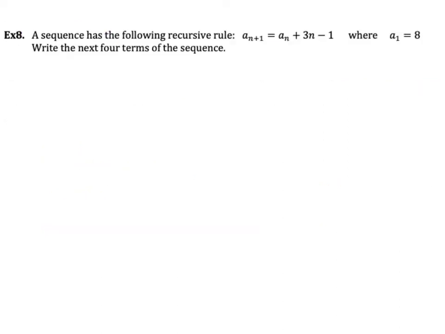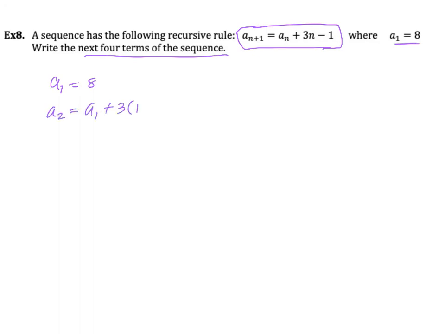Here's another recursive relationship. We have a rule that says a sub n plus 1 equals a sub n plus 3n minus 1, and our starting point is 8. So the first term is equal to 8. Write the next 4 terms of the sequence. Well, a sub 1 equals 8. A sub 2 equals a sub 1 plus 3 times 1 minus 1.